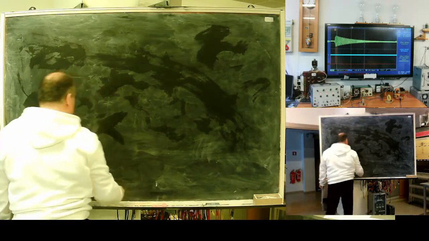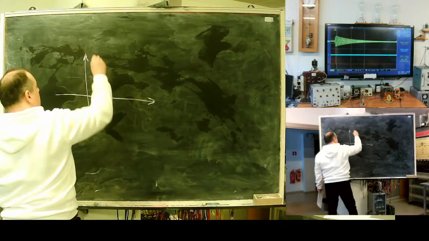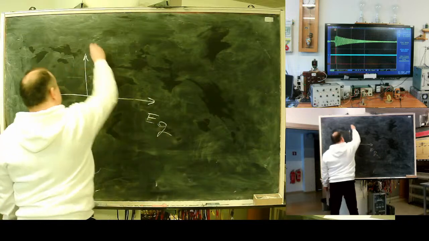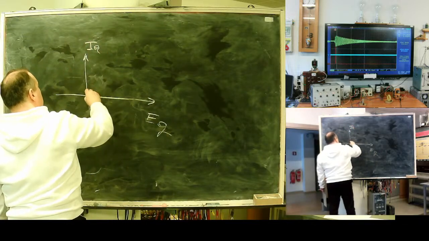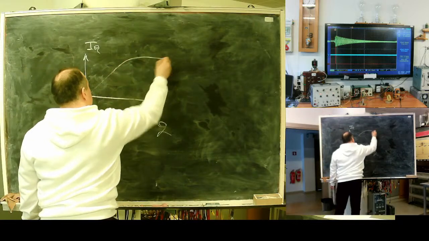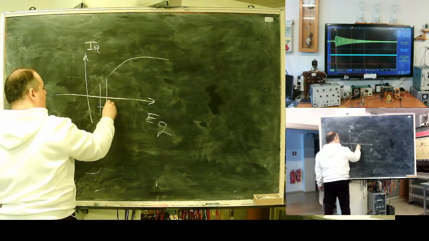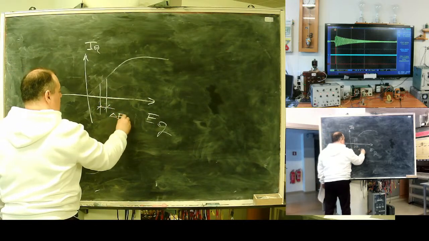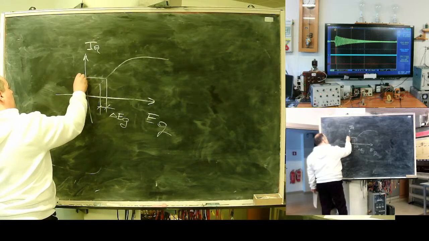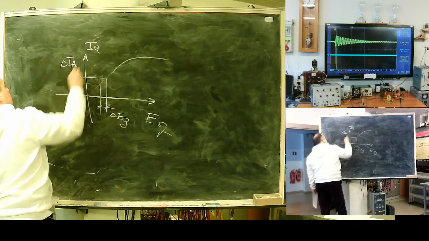I have an active element, my electron valve. Anode current, something like this. Delta H. Valve anode current.